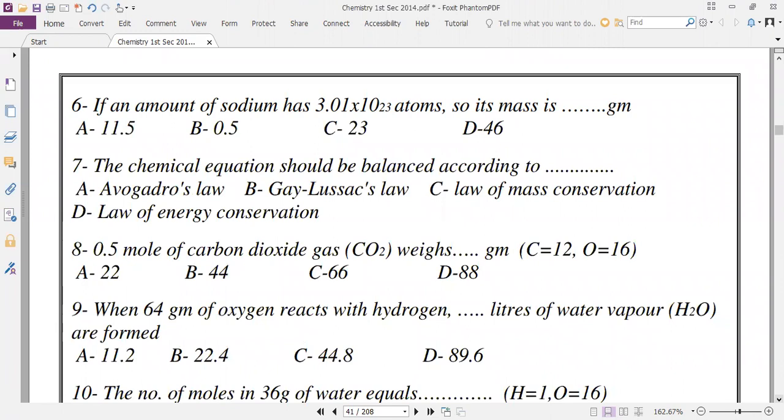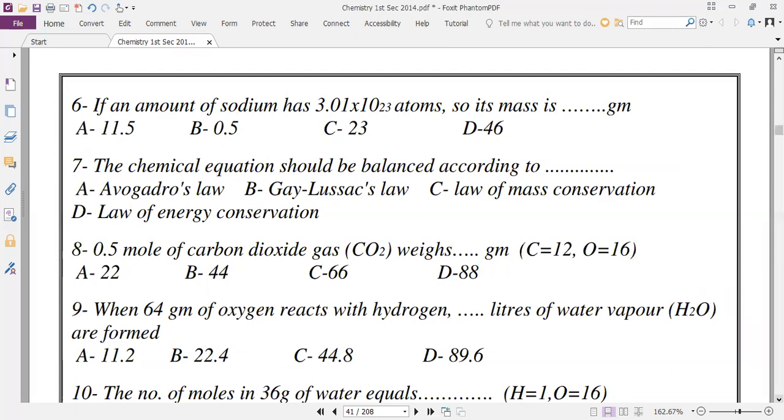Number 6. If an amount of sodium has 3.01 times 10 power 23 atoms, so its mass equals what in grams? Mass in grams. First, we are going to get what? As a rule, the rule of number of moles equals what? Not molar mass.